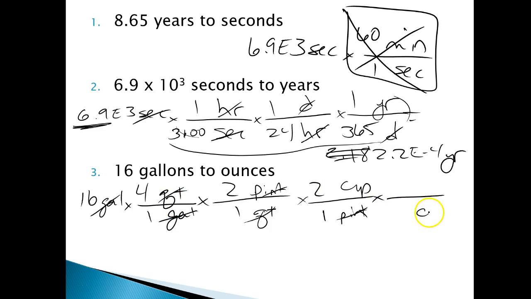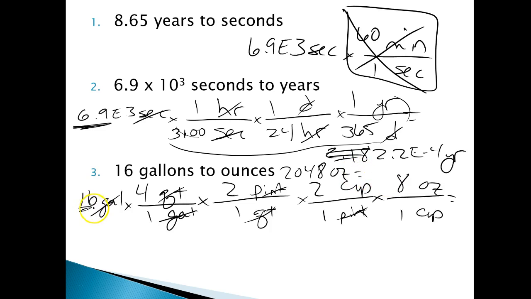And then cups on the bottom, ounces on top, 8 ounces, 1 cup. And so you're going to go through and multiply all those numbers and have an answer with 2 sig figs. Because again, anytime you're doing a conversion with a known, by definition, quantity, you don't count them for sig figs. So for this one, not a great choice, but it's 2,048 ounces.